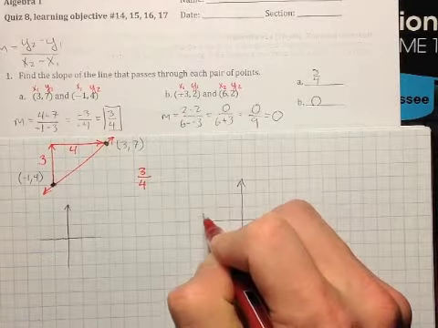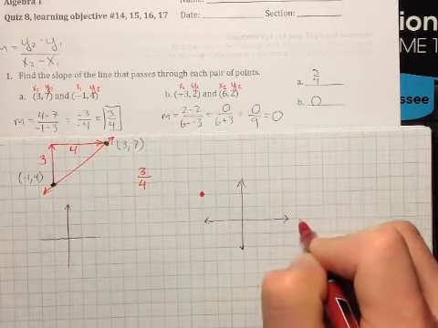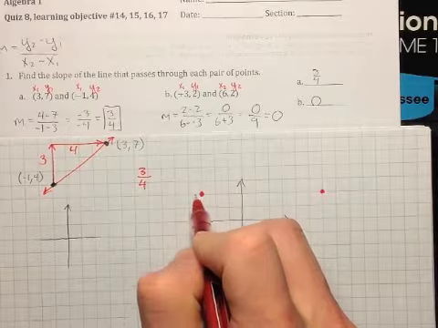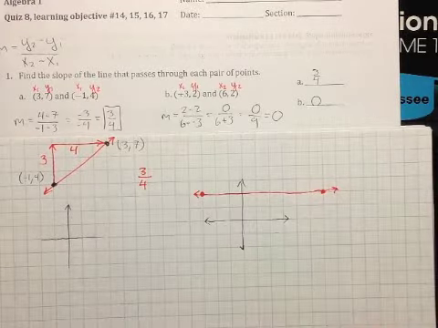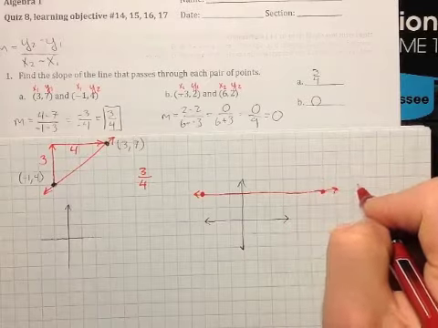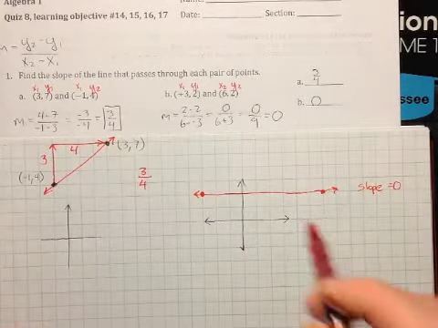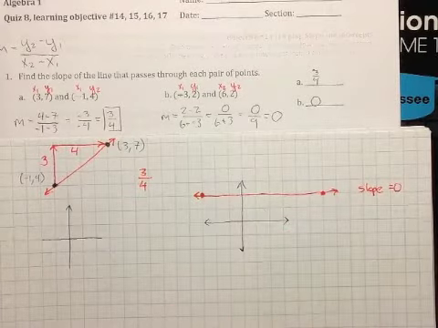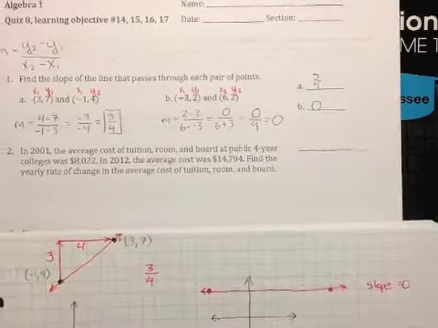So negative 3 up 2, right there, and over 6 up 2, and voila, we can see that the line is horizontal, and all horizontal lines have 0 slope. Okay, the rise is 0, the run is whatever that is, slope is 0. Let's move on to the next problem.